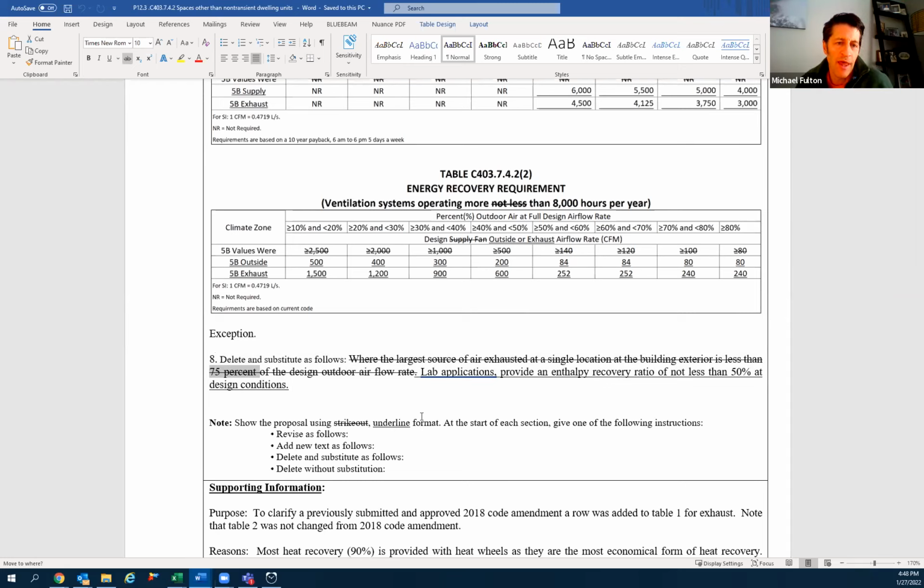We would suggest changing that 60% to be a straight ratio where the 60% energy recovery ratio, where we're looking at supply CFM and exhaust CFM, as the exhaust divided by the supply times that ratio, because it actually works out that the wheels are a straight line. If I could share my screen, I could show you, we have a bunch of wheel ratings, but it kind of solves all of the problems with the current code with the proposals. So.